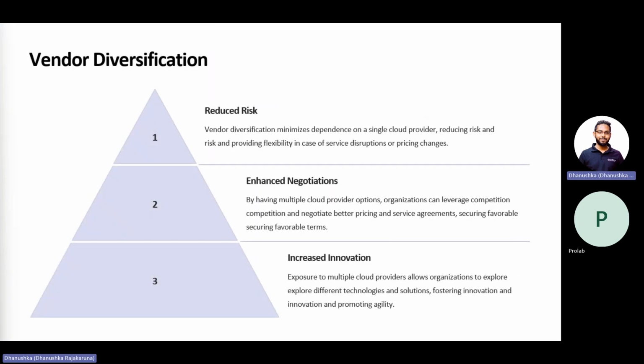vendor diversification. So what is vendor diversification?